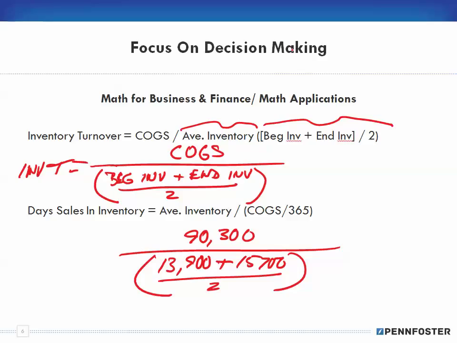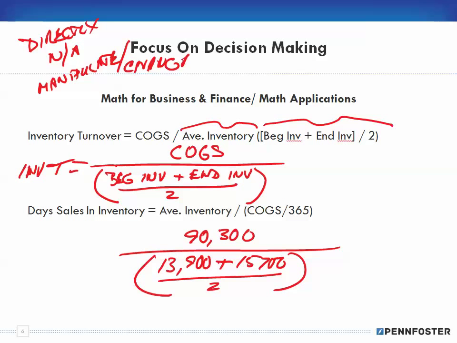And in real life, when you get that information, you're going to have to decide what is directly useful for solving the problem, what has nothing to do with solving the problem, and then of course you have to manipulate or change some of that information. You're going to have to do some kind of calculation in order to be able to get useful information to help you solve the problem, right?